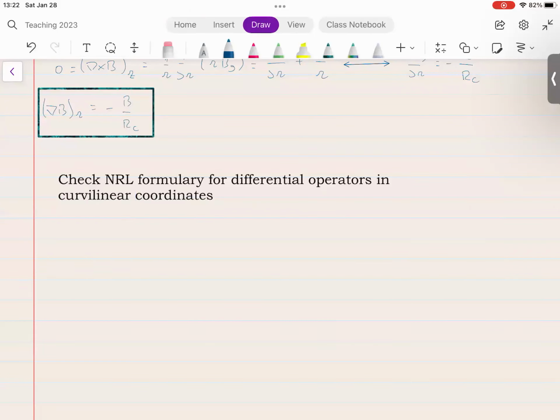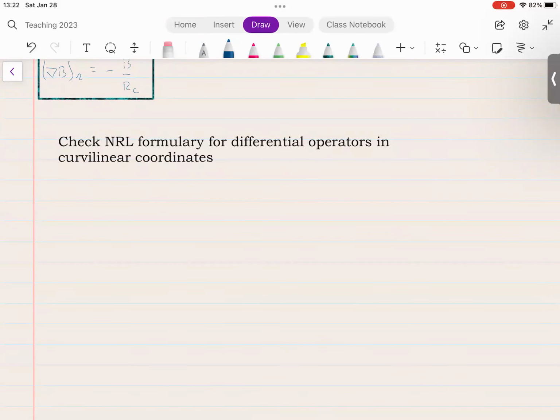So what did we actually obtain? Well, the magnetic field is in the theta direction. Therefore, the piece we just calculated, grad B in the R direction, is perpendicular to the magnetic field.